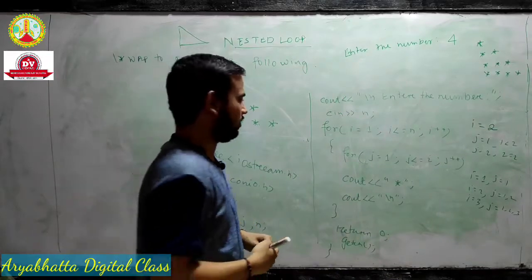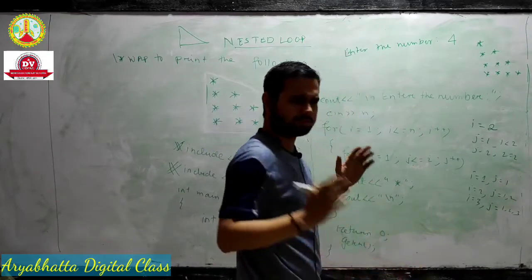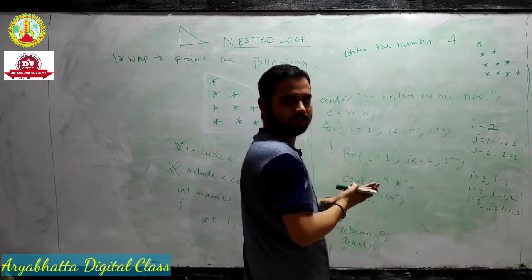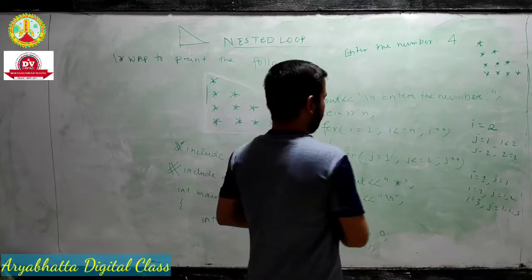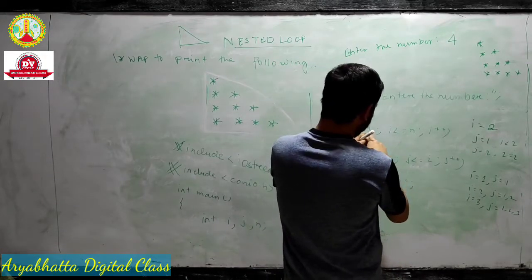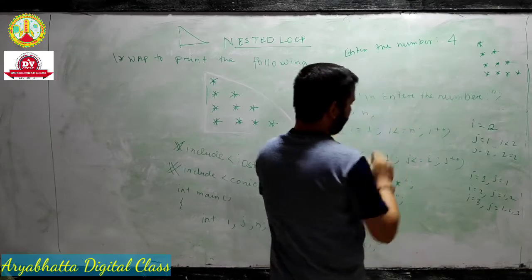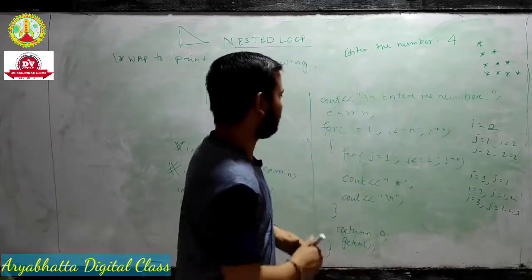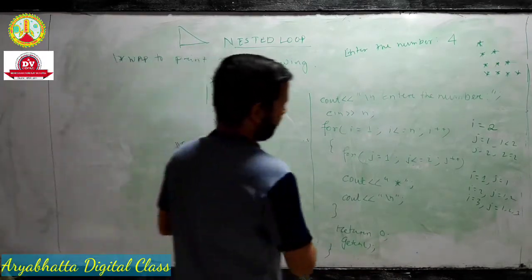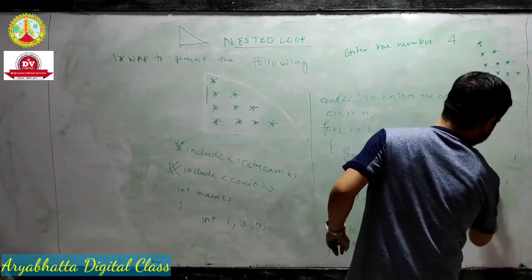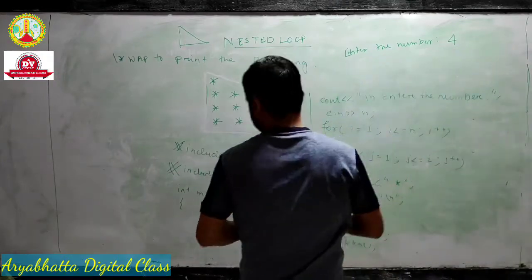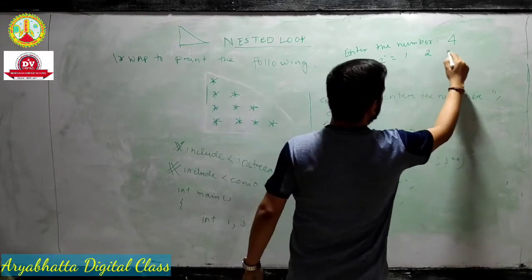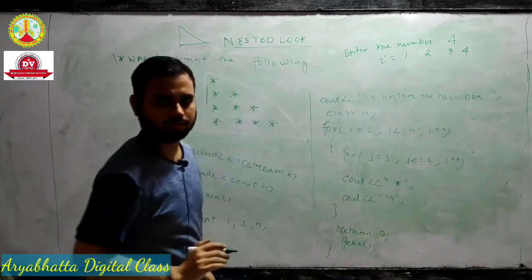Again I tell you the basic concept. You just carefully see this: these two loops are interconnected and depend on each other. Your i value starts from 1 and ends at whatever number you enter. If you enter the number 4, your i value is 1, 2, 3, 4, right?